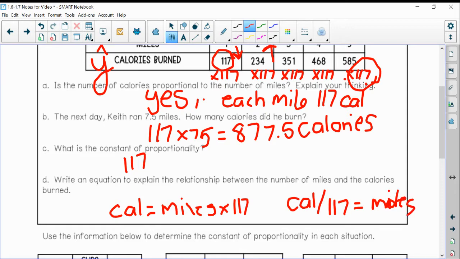And we already said that calories was y and miles was x. So y equals x times 117, or y over 117 equals x.